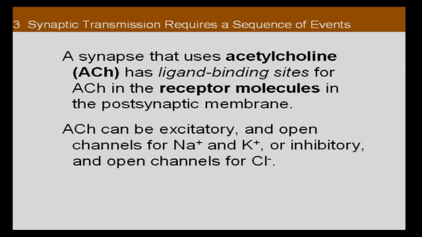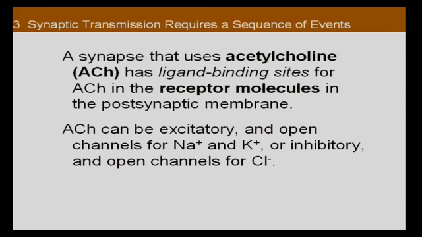Acetylcholine is abbreviated ACh. And the receptor molecules in the postsynaptic membrane have ligand binding sites for acetylcholine. These receptors have particular slots where the key, the acetylcholine, sits and activates the receptor.